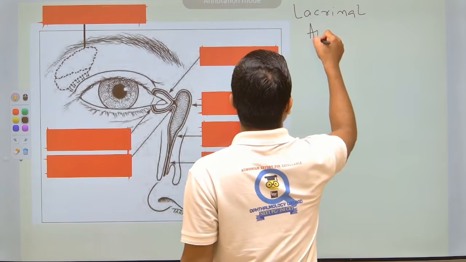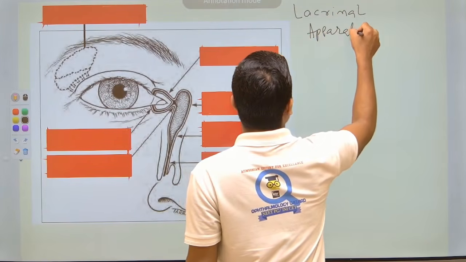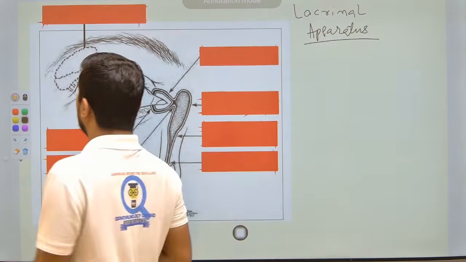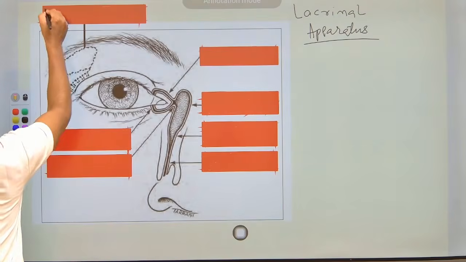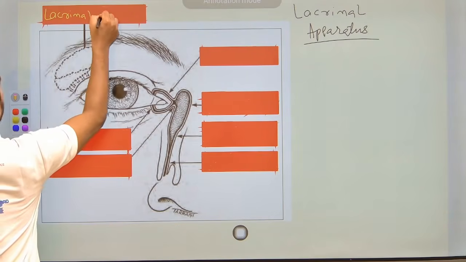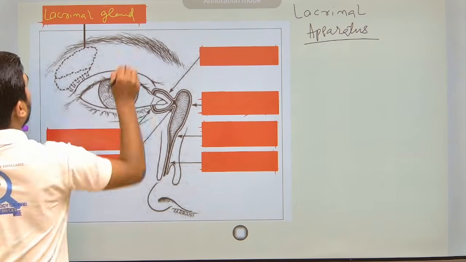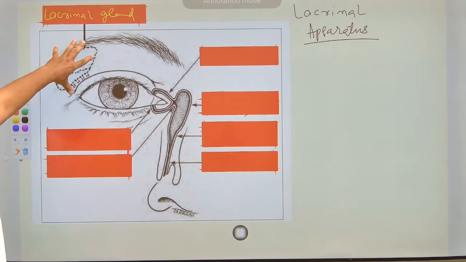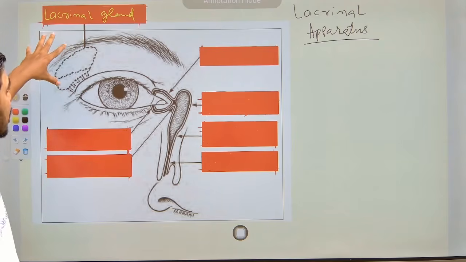The first one, what do you think this is? This is the lacrimal gland, and since this is the lacrimal gland, the position is superotemporal. So remember the position of the lacrimal gland.